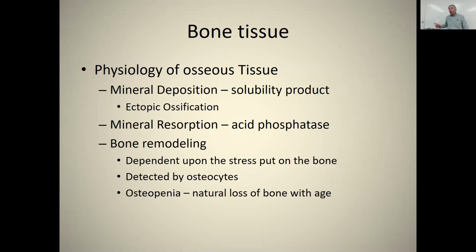So, solubility product. You can't let a lot of calcium and phosphorus build up in an area where you don't want to make bone. That's called ectopic ossification, and that would make a bone where you shouldn't make it.